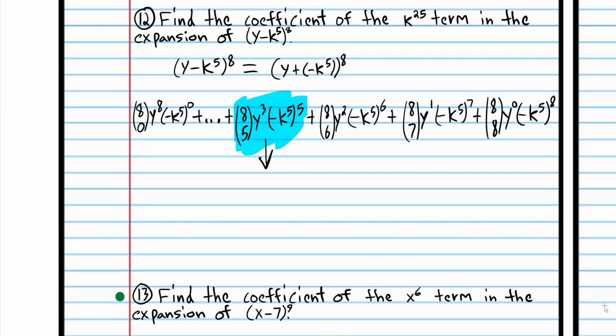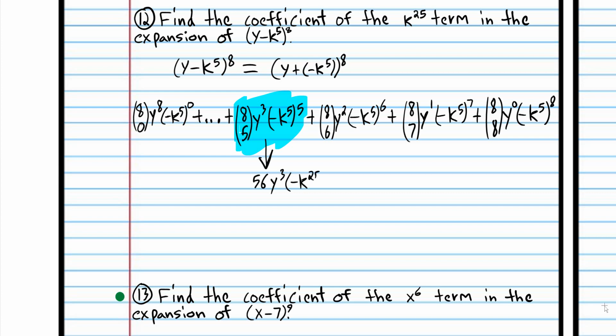Okay, so let's use the calculator to find 8 choose 5. That's going to be 56. And then negative k to the 5th power raised to the 5th power. Well, we're raising to an odd power, so that's going to be negative k.